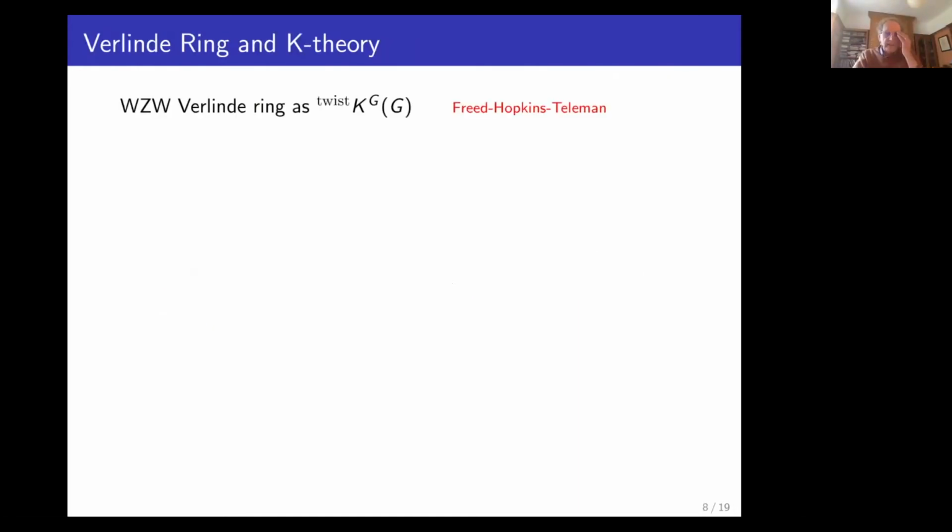Now, I also want to bring in K-theory to the story. We have the Verlinde ring of a loop group like SU2. Freed-Hopkins-Teleman described this through the twisted equivariant K-theory of the group acting on itself by conjugation.